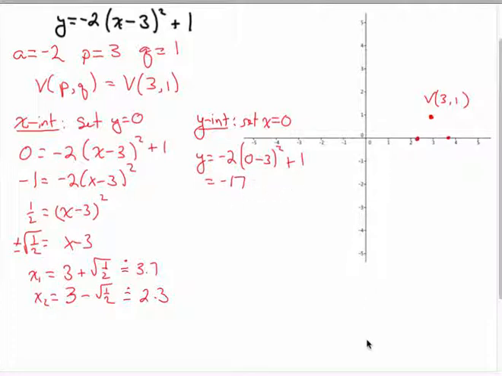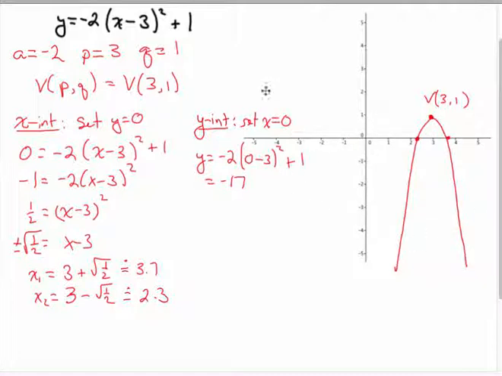And so my y-intercept, if I'm following this parabola in this kind of curvature, negative 17 might be somewhere way down here, which isn't necessarily an unreasonable graph. So that's a nice check for me.